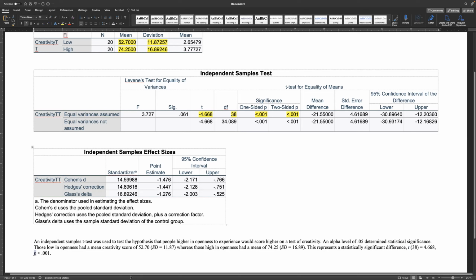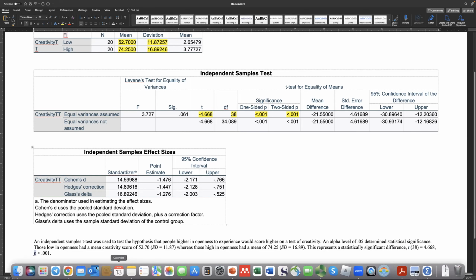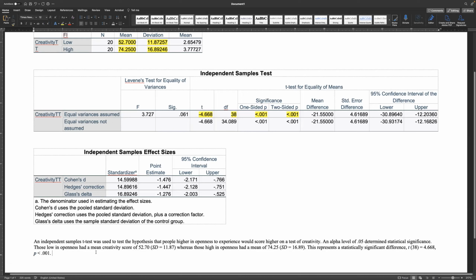Okay, so yay, you just did your inferential statistics. You are awesome. And so now you just have to make your startling conclusion. Results support the hypothesis that, we already stated it earlier, so that's what I would do.